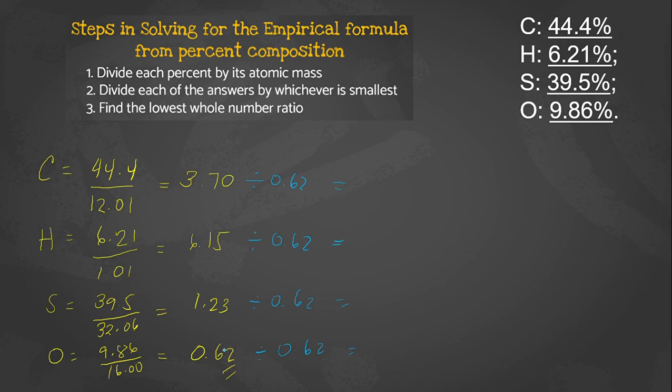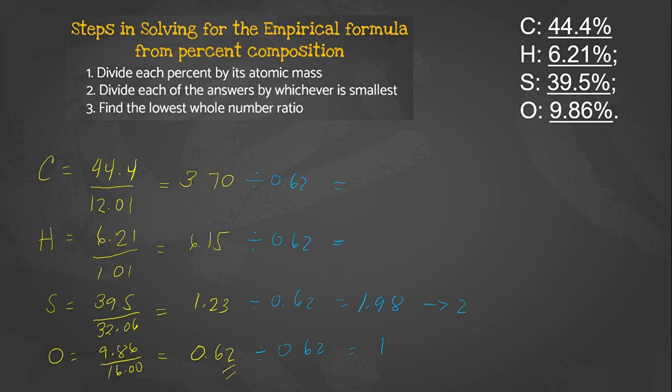Okay, so obviously, 0.62 divided by 0.62 is 1. Okay? Now, how about yung iba, ng mga elements? So, 1.23 divided by 0.62. So, it's 1.98. So, pwede natin siyang i-round off into 2.